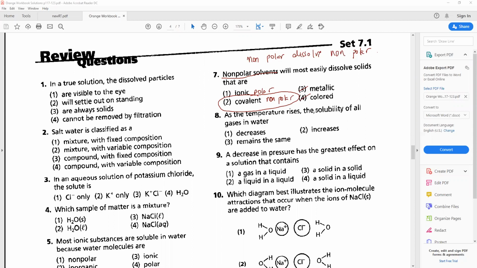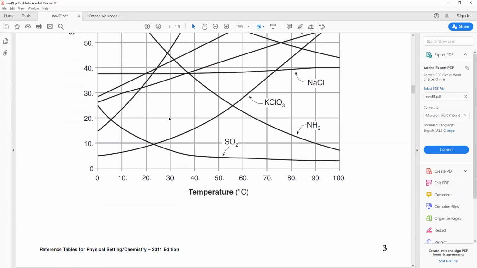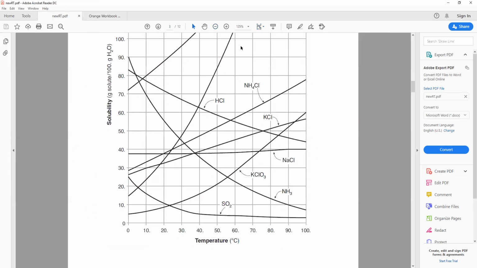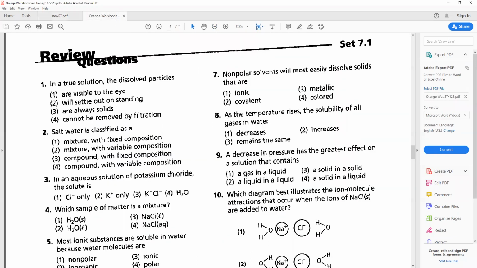As the temperature increases, the solubility of all gases in water... let's say we forgot how to go about this. Let's go ahead and go to this reference table, and let's go to table G. Okay, let's go back to our question.